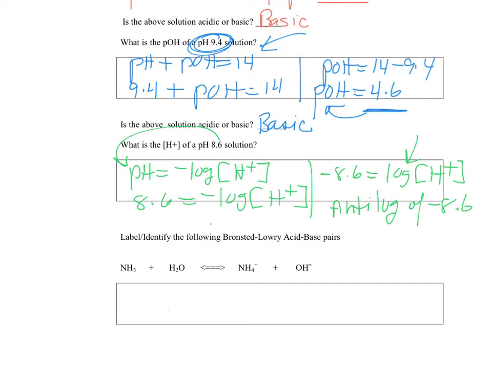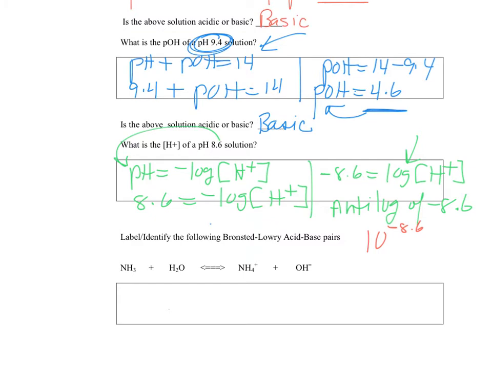So basically what you're doing is you're taking 10 to the negative 8.6. And that is also called taking the anti-log of negative 8.6. You're raising 10 to the negative 8.6 power.